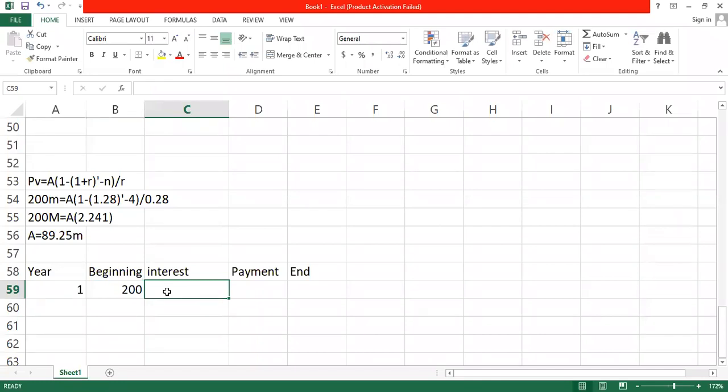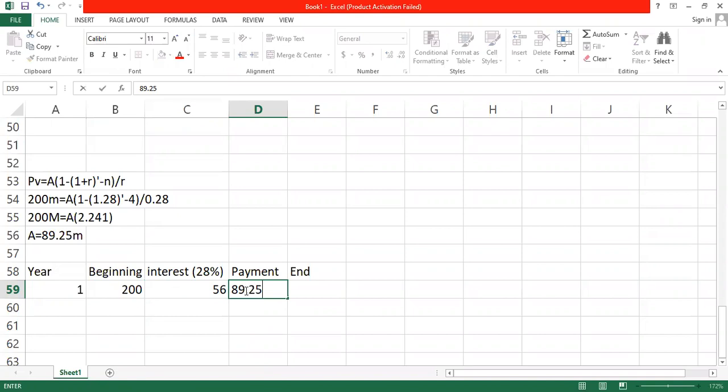The interest rate is 28%. 56 million. Are we on the same path? Yes. Okay. But at the end, how much are we going to be paying the bank? 89.25.